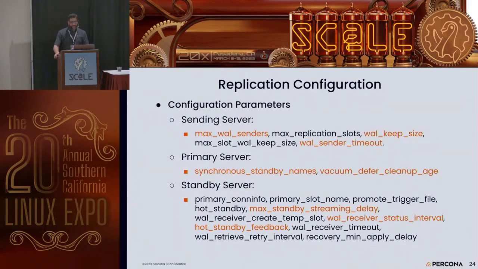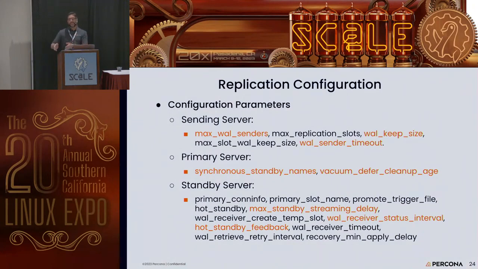In terms of the configuration options, you have max_wal_senders. That's the number of WAL sender processes that can be present on the primary server. With this configuration option, what you really would want is to keep it slightly higher than what your max would be. This tracks connections, and connections are not immediately recycled.